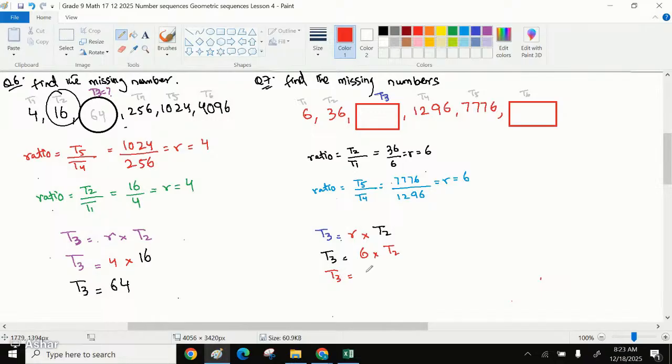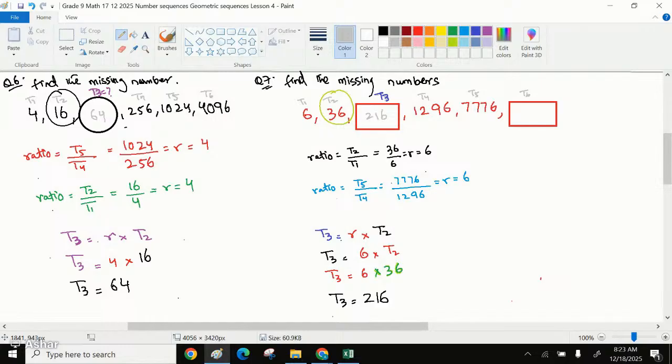Term number 2 was 36, right? So when we multiply 6 by 36, term number 3 comes out to be 216. We can simply write 216 over here.